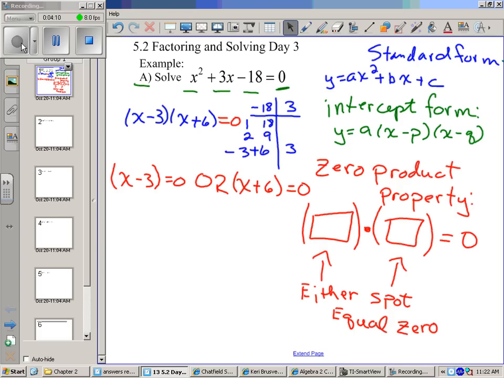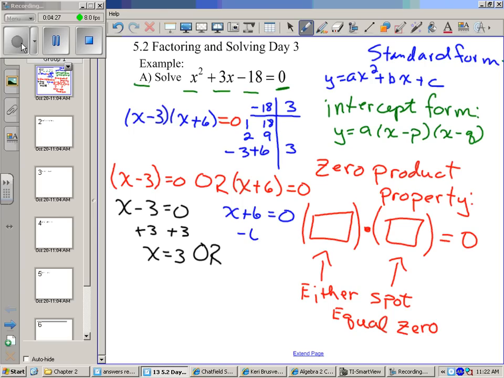At this point, I just need to solve them both for x. So x minus 3 is equal to 0. I'm going to add 3 to both sides. So x is equal to 3. Or x plus 6 is equal to 0. I'm going to subtract 6 from both sides. So x is going to equal negative 6.